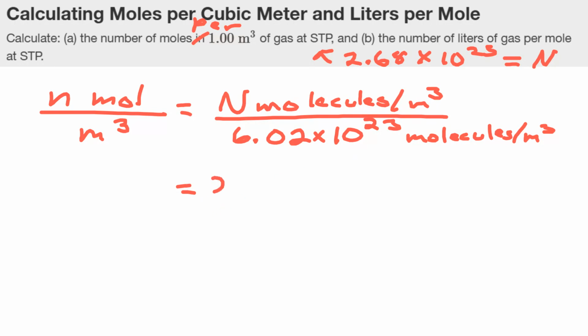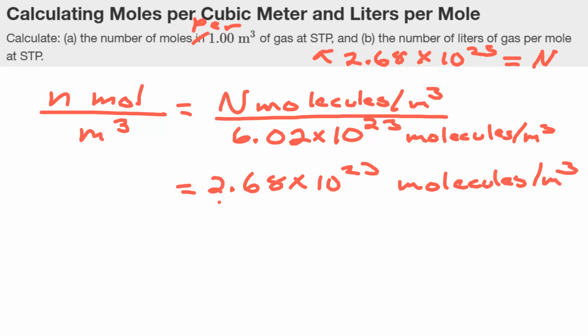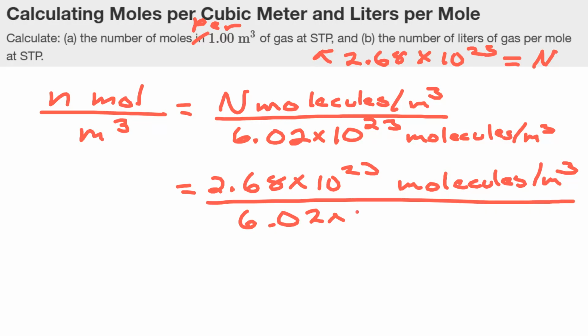So what I'm going to do is say 2.68 times 10 to the 23rd molecules per meters cubed, all over Avogadro's number, which still stays the same. And that's going to be molecules per mole.